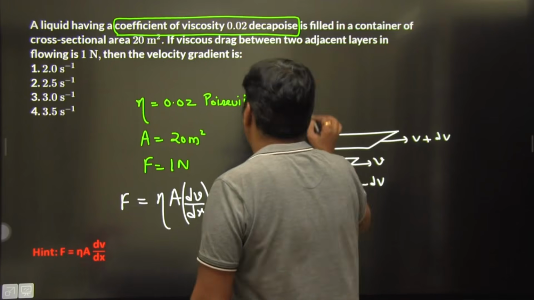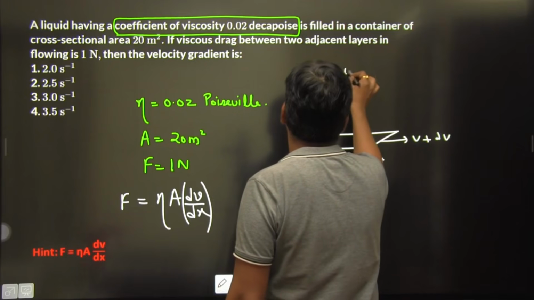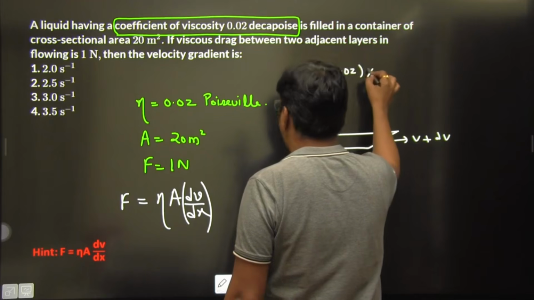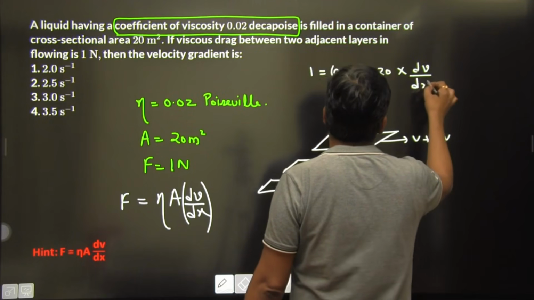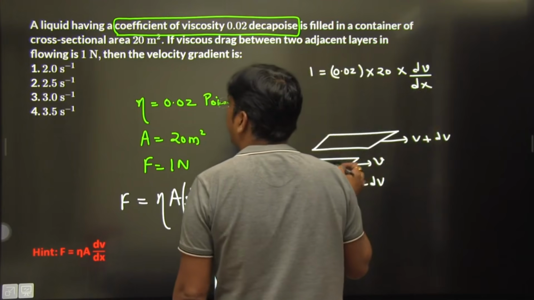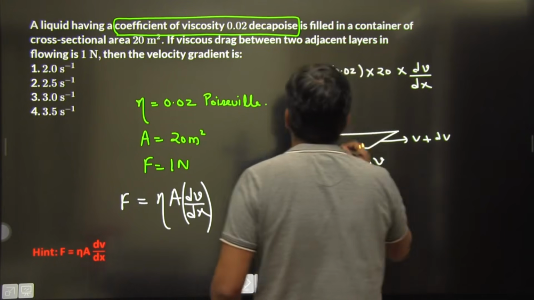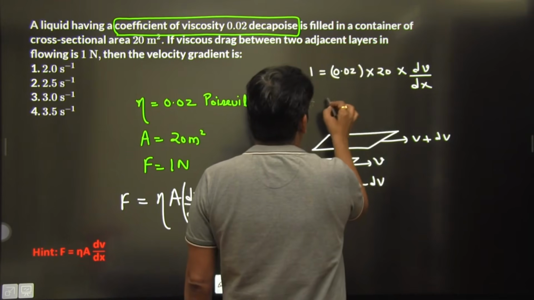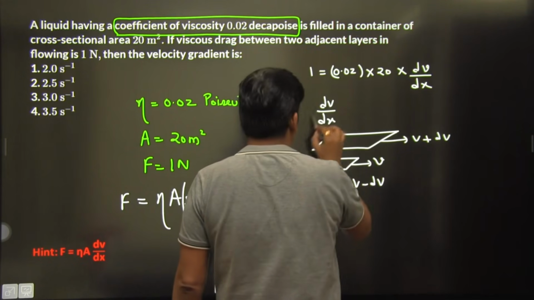So force is 1 Newton, eta is 0.02, dear students. Area is 20 multiplied by the velocity gradient. Now dv by dx here would be, let me make simple calculations.